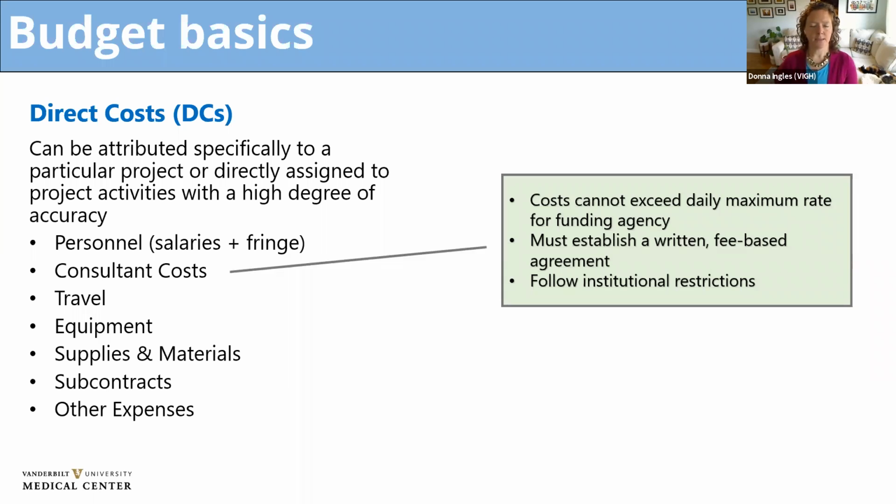For consultants, there's a daily maximum rate depending on what they're doing, and the funding agency can set this. So if they have one set, consultant costs cannot exceed this. You must have a written and fee-based agreement in place with a consultant once a grant is funded to really be considered a consultant. These costs are not supposed to be distributed until that's in place.